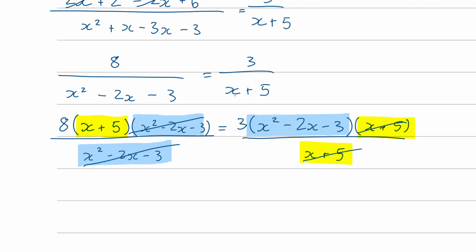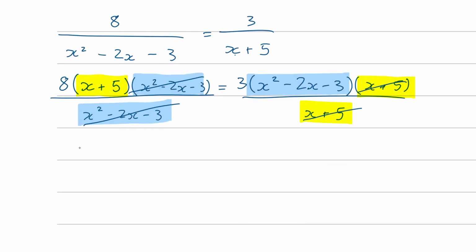And what we're left with on the left-hand side is 8 times x plus 5, and on the right-hand side, 3 times x squared minus 2x minus 3. So that's what I mean when we multiply both sides by both denominators. We're essentially eliminating the fractions, and we're left with this equation.